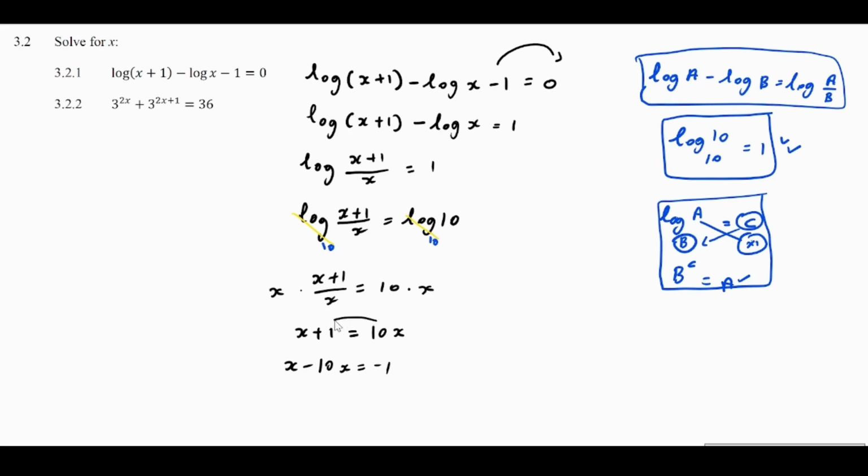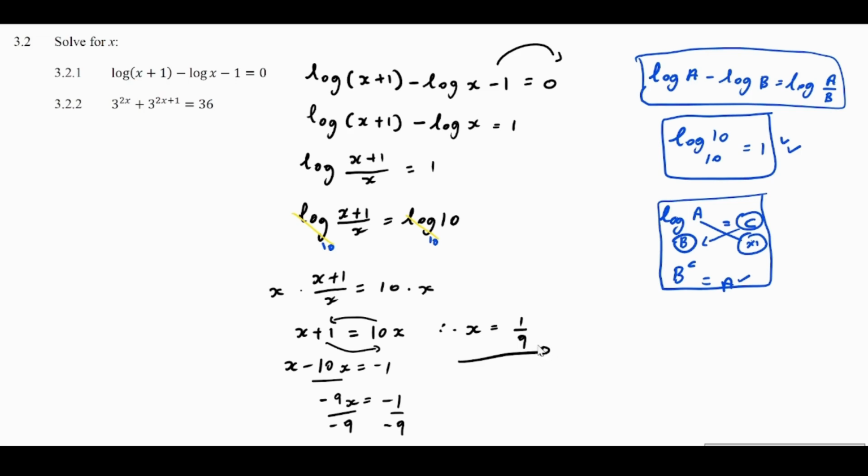When you take this to this side it becomes negative, and when you take 1 to this side it also becomes negative. Then I have negative 9x equals -1. Then you divide both sides by negative 9, and the value of x is 1 divided by 9.